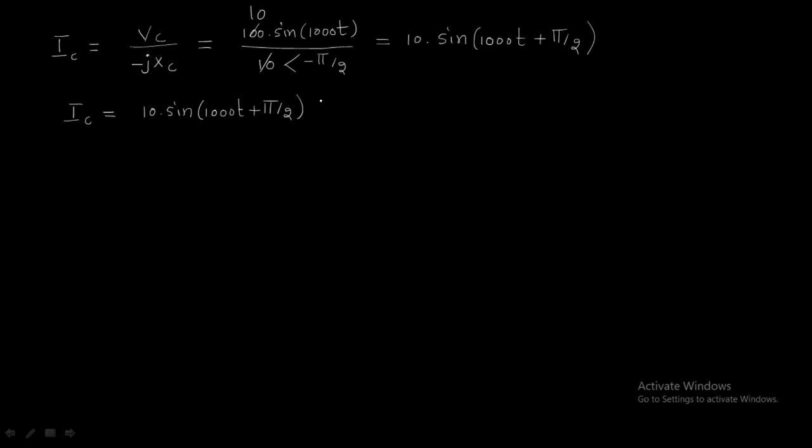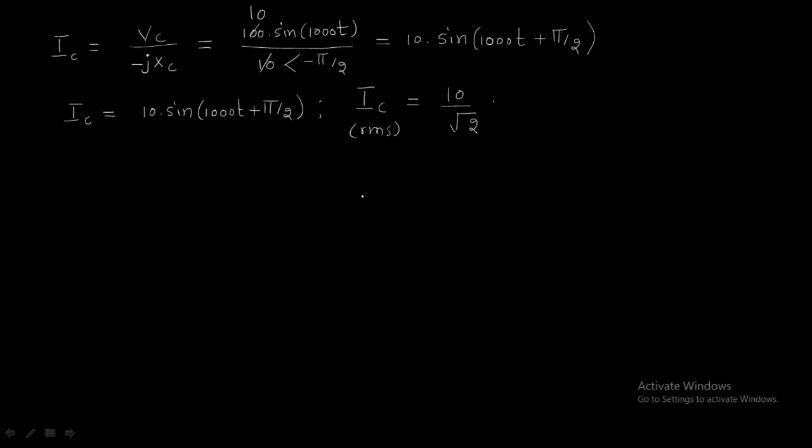From this the RMS capacitive current is 10 by root 2. Okay, these three currents are completed.